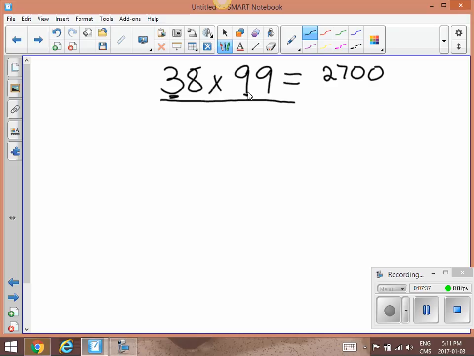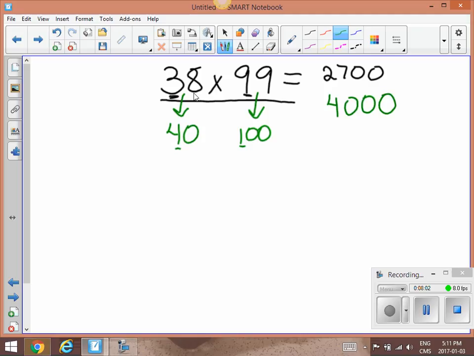So what we can do is, since we would round these numbers up, we can round them. I'm going to write this down just so you can see, and then I'm going to erase it. 38 is pretty close to 40. 99 is extremely close to 100. 40 times 100. 4 times 1, 1, 2, 3 zeros.